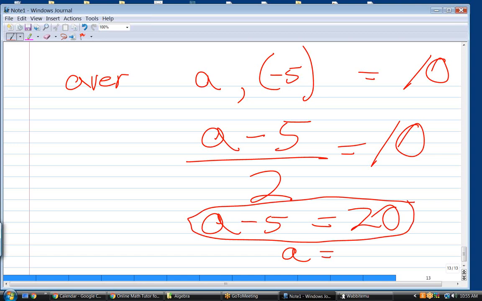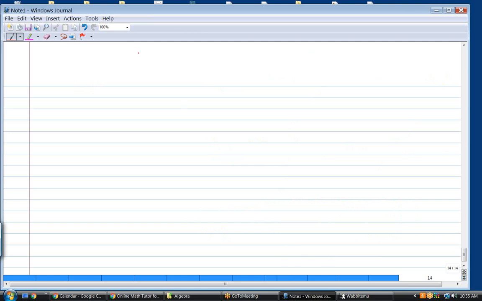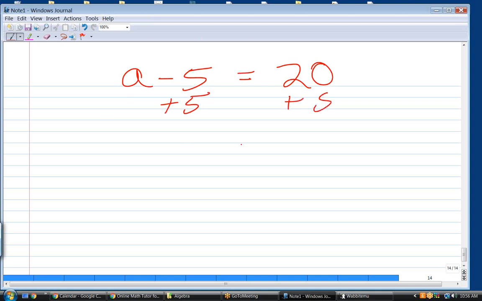Add 5 to both sides? Let me write it down. I'm trying to isolate A, which means I've got to get rid of this minus 5. So I add 5. 25, is it 25? Exactly. A is equal to 25.